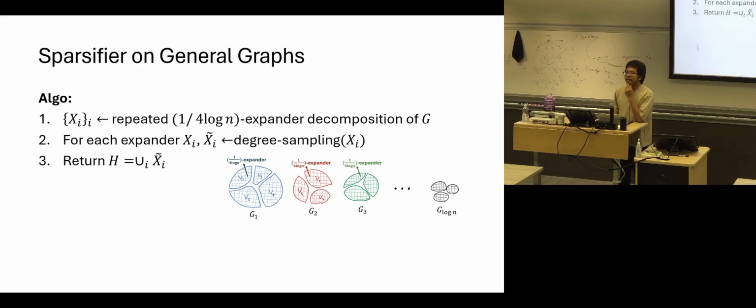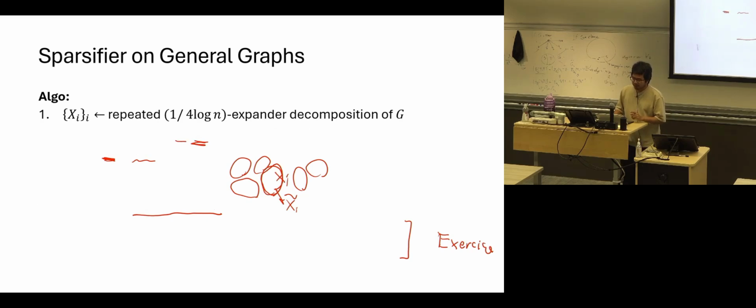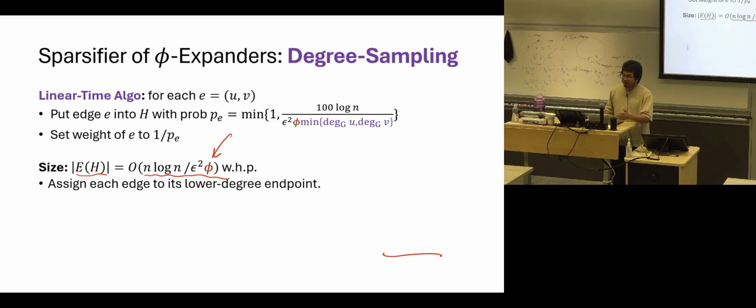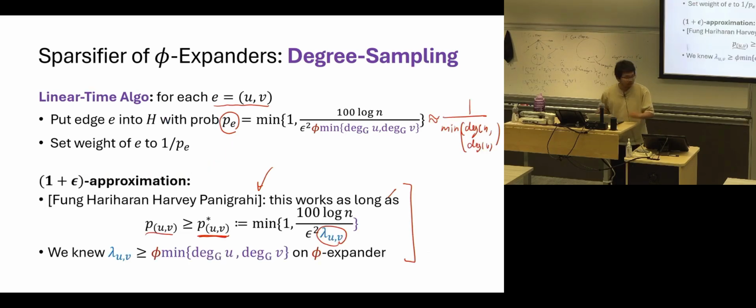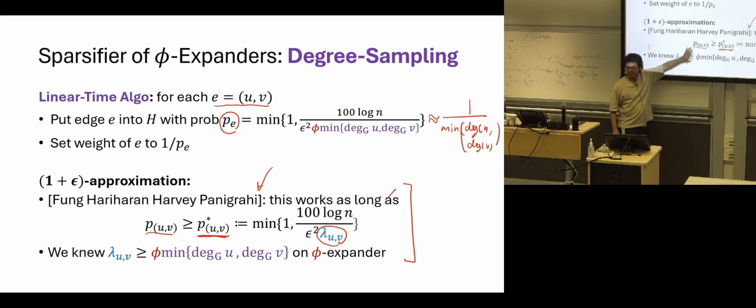When did we ever prove the 1 plus epsilon approximation? Like, did we ever prove it on expanders? No, this is a thing that I skip. I just claim this thing. If you're scribing, you don't need to scribe it.